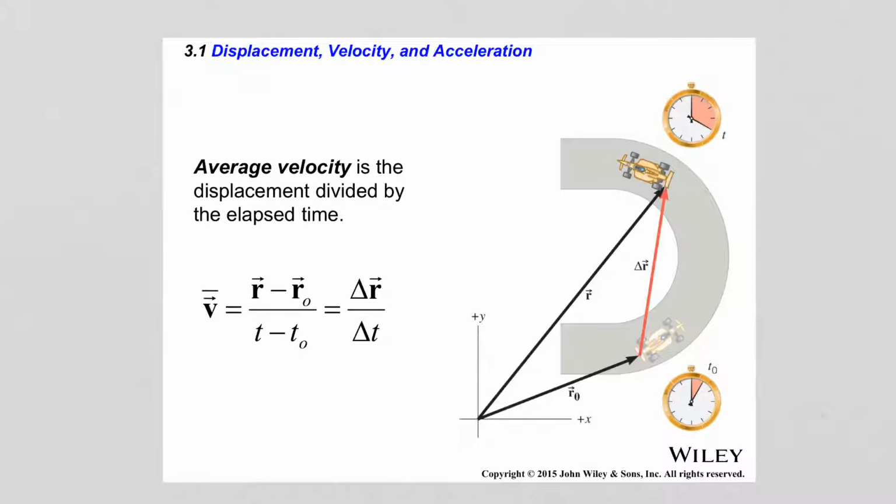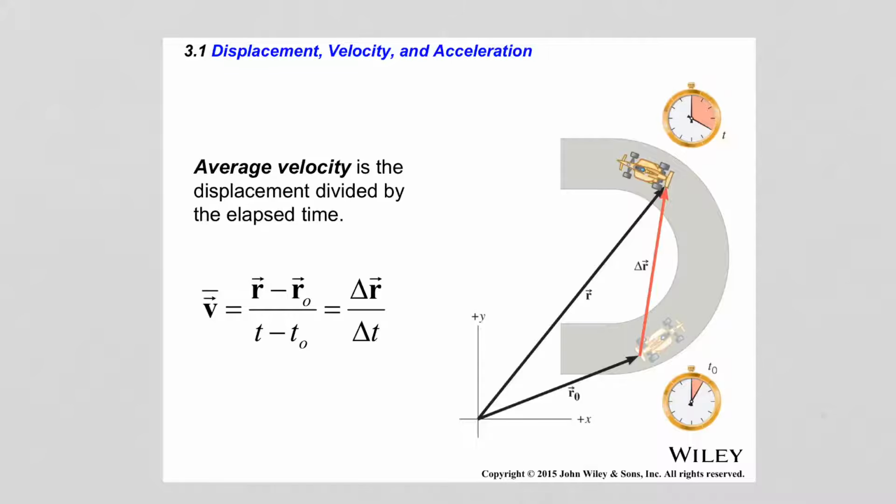So the rule for addition that I explained in chapter 1 is the same applied for the displacement vector. I can define average velocity similarly to the way I defined it in the one-dimensional kinematics chapter as the displacement between initial and final positions divided by the elapsed time for that displacement to occur. In other words, that will be r minus r0 divided by t minus t0, or delta r divided by delta t.